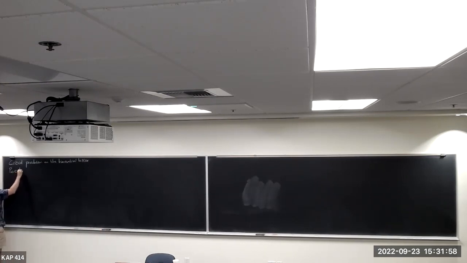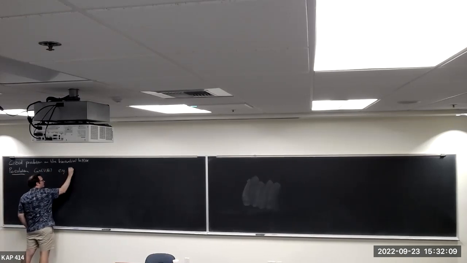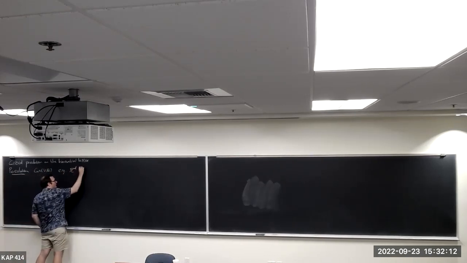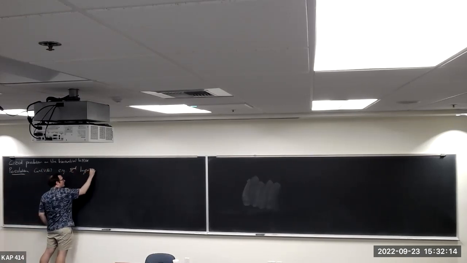So let's just start with a quick overview of Bernoulli bond percolation. So we have a graph, which usually I'll take to be Z^d, the hypercubic lattice in dimension d.